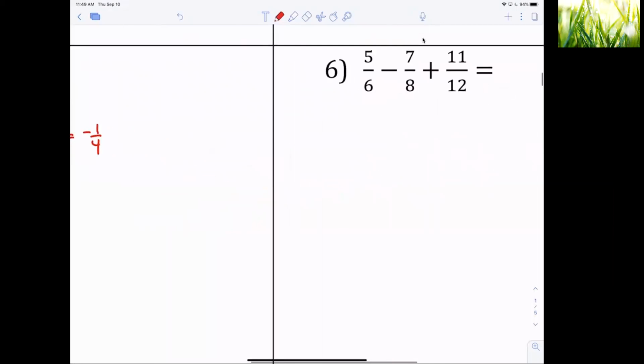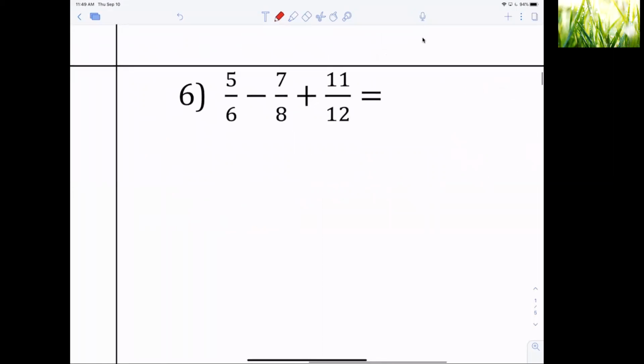Number 6. Everybody. 48. 24. Would 48 work? Yeah. 48 would work. All right? But it's better to say what? 24. All right, guys, let's do 24. All right, now I'm going to ask Molly a question. What am I going to multiply the first one by, Molly? 4.